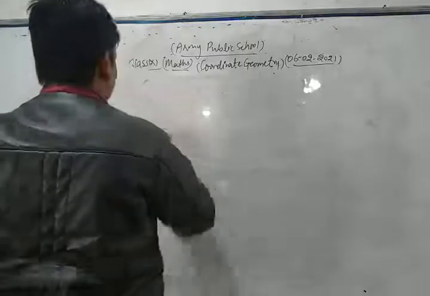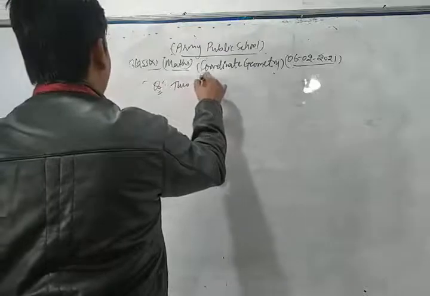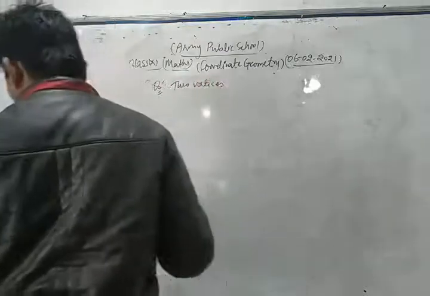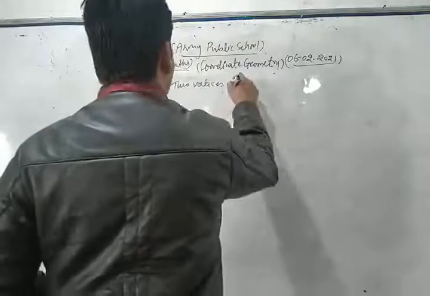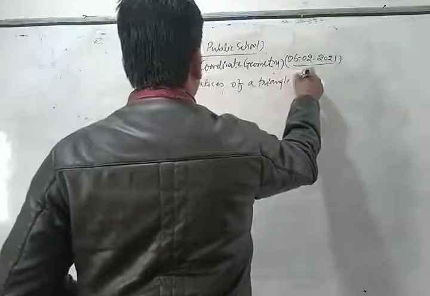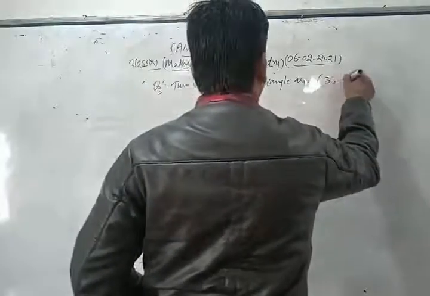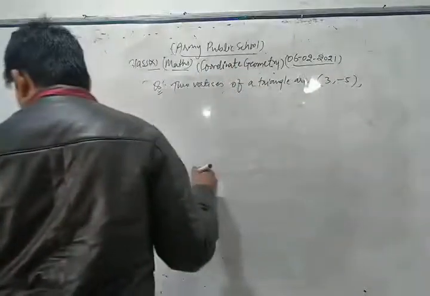The question is: two vertices of a triangle are (3, minus 5) and (minus 7, 4).